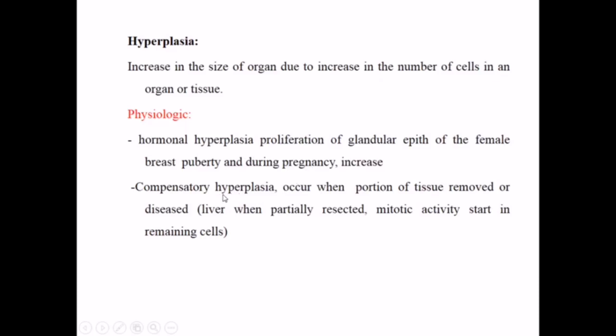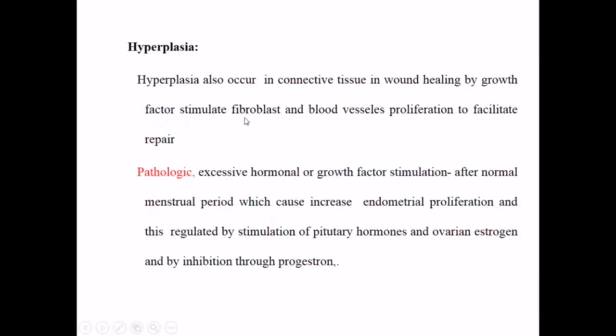In compensatory hyperplasia, which occurs when a portion of tissue is removed, like the liver, when partially dissected, the mitotic activity starts in the other remaining cells. It can also occur in connective tissue during wound healing, where growth factors stimulate the fibroblasts and blood vessels to proliferate to facilitate the repair.